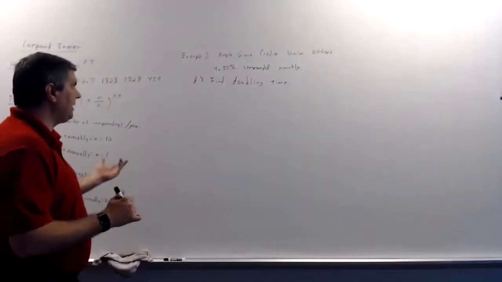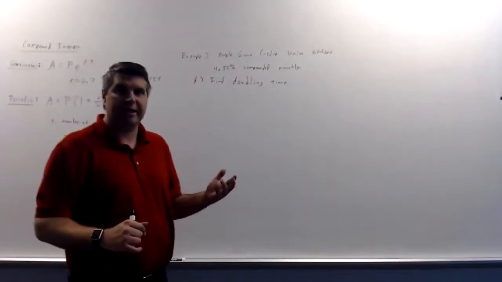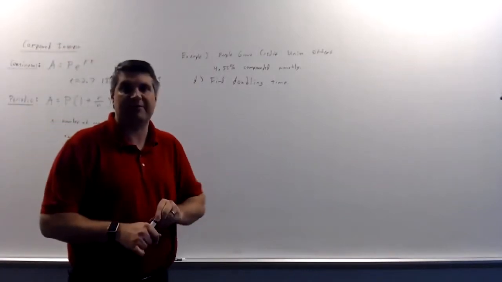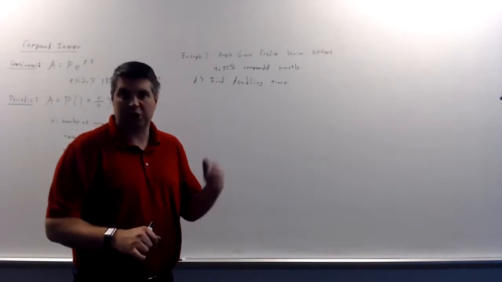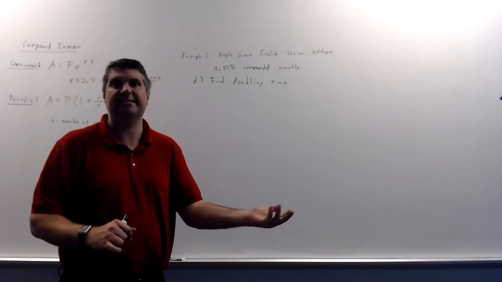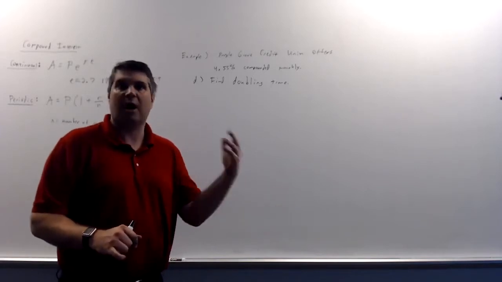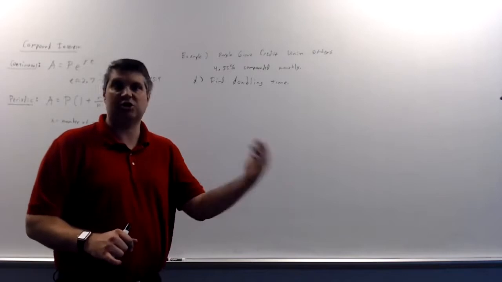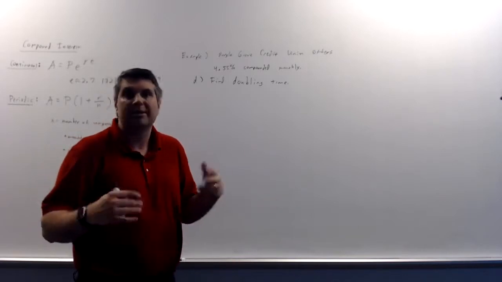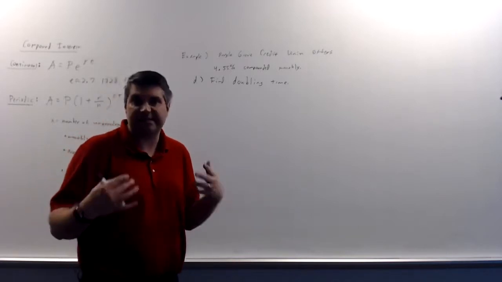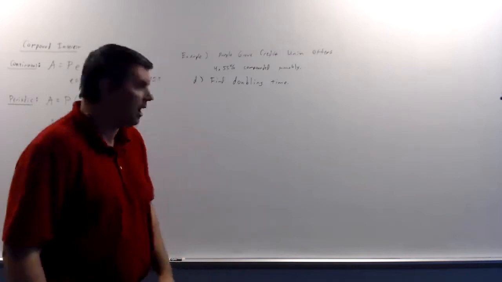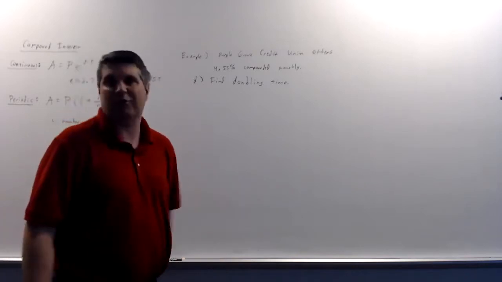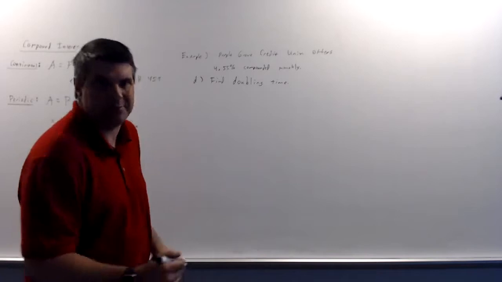Okay, find doubling time. For this, you're just looking for the amount of time it would take for any amount to double. So you could start with 1,000, see how long it takes to get to 2,000. You could start with 100 and see how long it takes to get to 200. You could start with 300 and see how long it takes to get to 600. We've been using 1,040 for the deposit, so let's just go ahead and keep doing that.